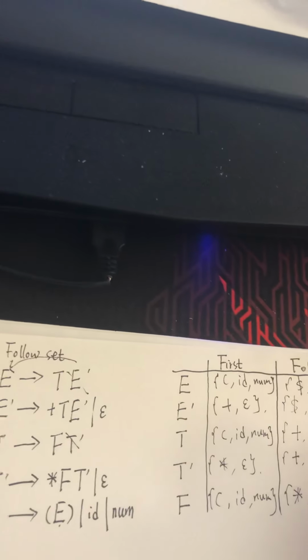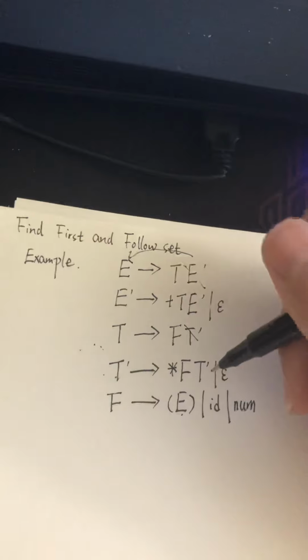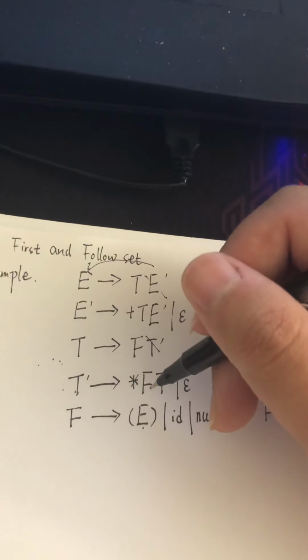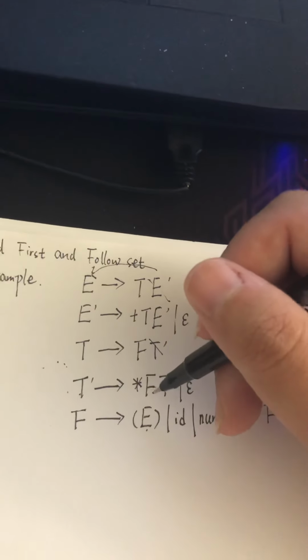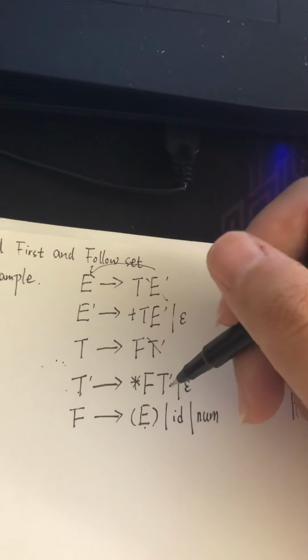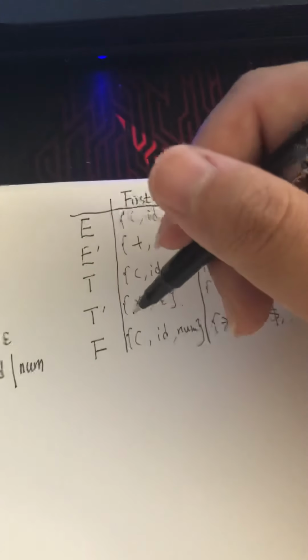It's plus, dollar sign, and right parenthesis. Yes, it's here. Now we look at the second F. After the second F is T prime. So follow of F equals first of T prime. It's the same as the first F, right?